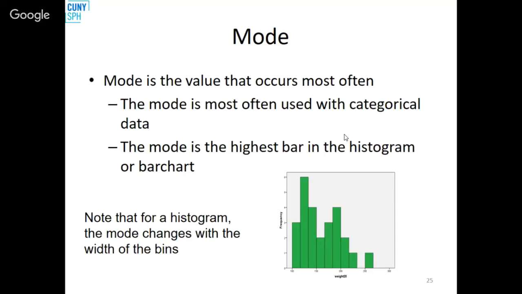So finally, the mode is just the value that occurs most often. So it's really only defined for categorical variables, but we still describe continuous distributions as unimodal or bimodal according to the highest bar in the histogram. So for a categorical variable, that's no problem. You make your bar chart, the highest bar, that's your mode, end of story.